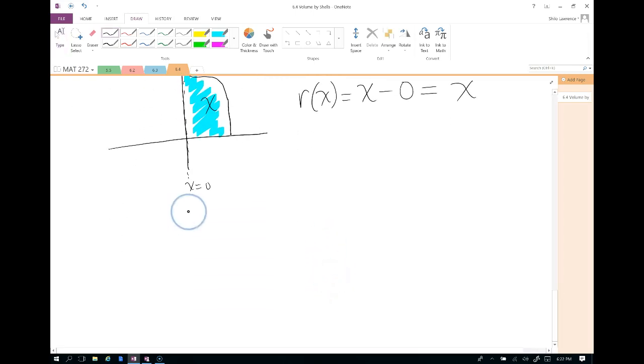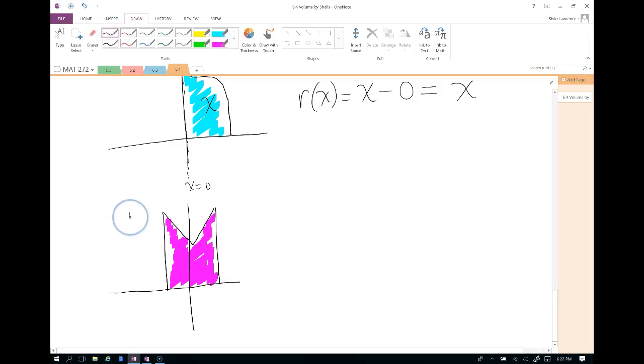And then one more real quick, and I'm sure you can figure out exactly what we're going to do with this one. So here's our region, kind of strange looking. And we're going to revolve it around x equals -3.